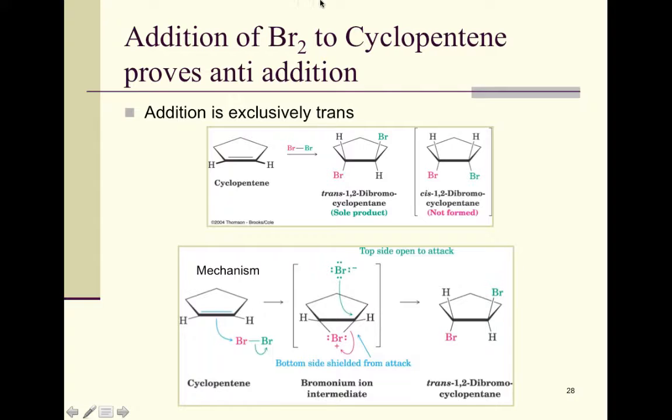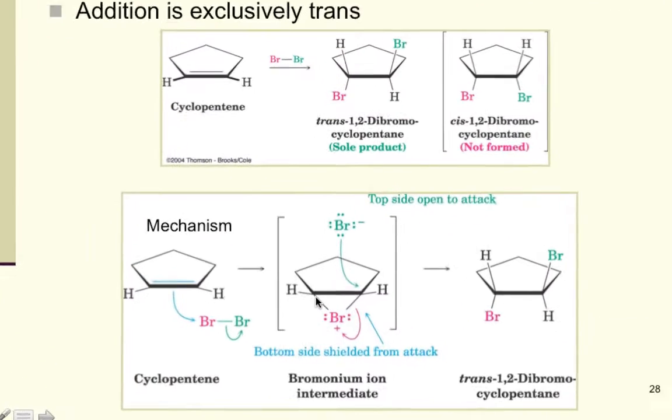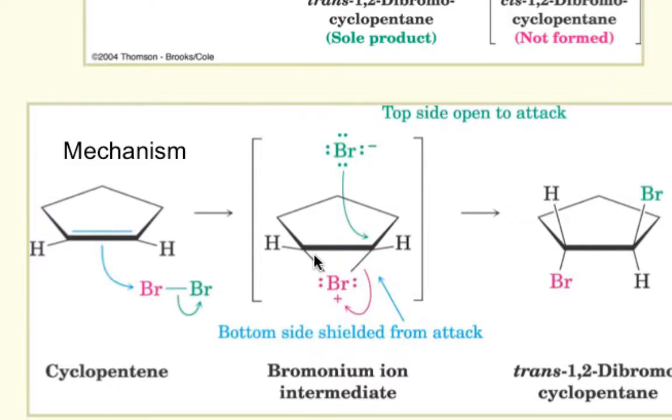Here's the mechanism explaining why. When the pi electrons attack this bromine, it's going to be bonded actually to both of them at the same time. Take a look at this intermediate. Bromonium here, it's a positive charge here, it's going to be attached to both this carbon and this carbon at the exact same time. What this means is it's shielding the bottom side from the second bromine getting in there.